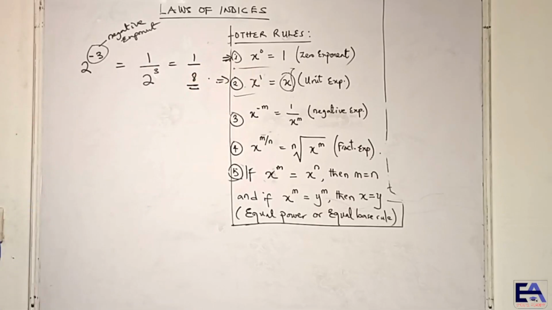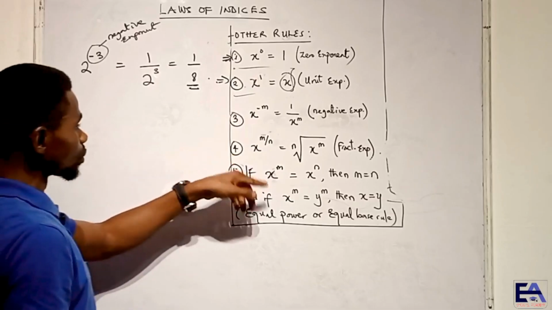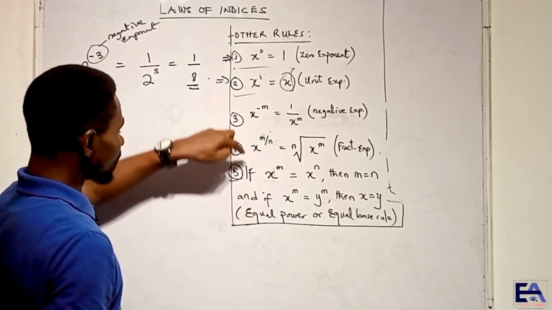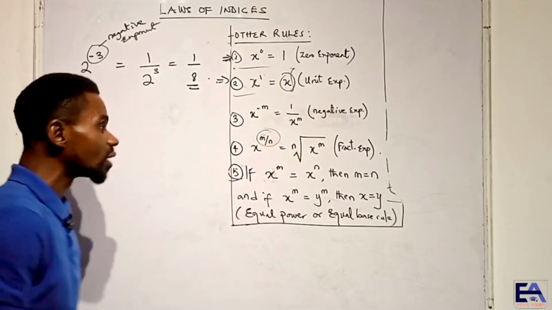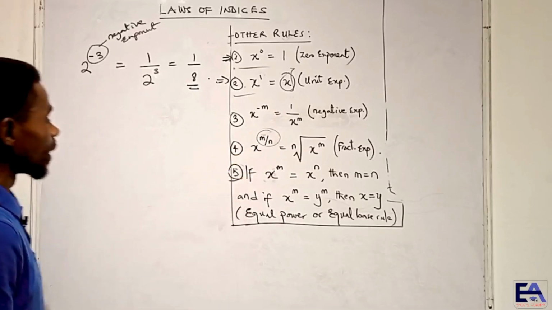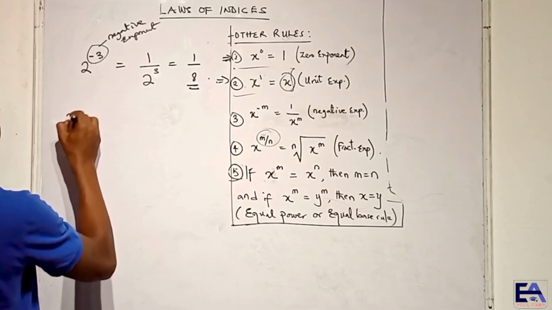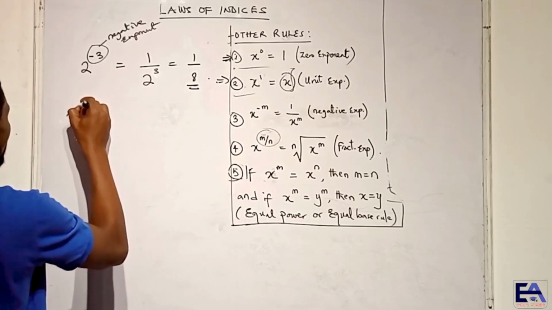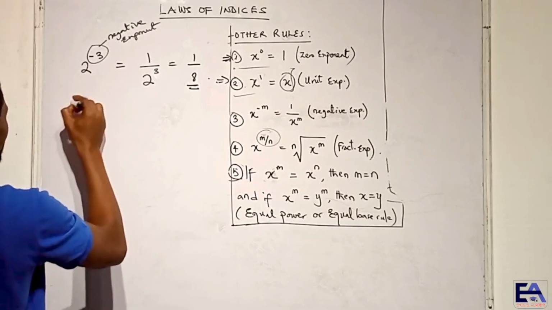Okay, the next rule is just trying to explain that if you have, instead of a negative power, a fractional power, what do we do? So if you have x raised to power m over n, let me give you an example.